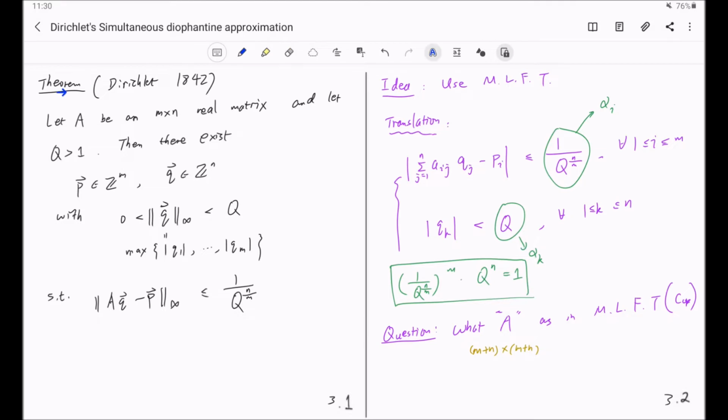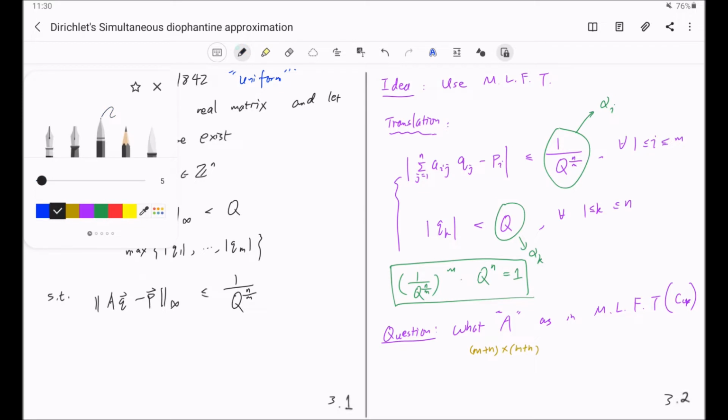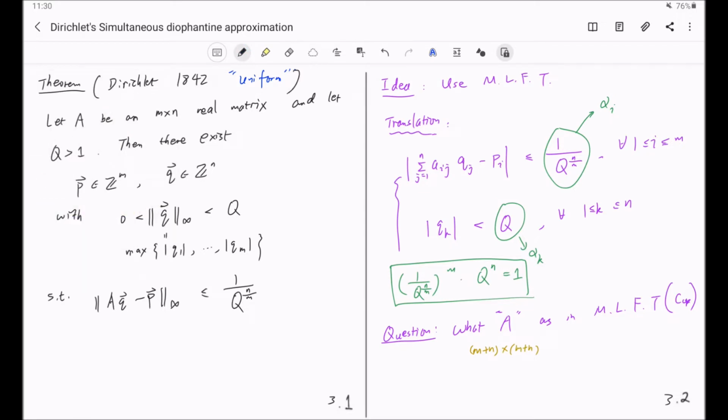We call this theorem of Dirichlet the uniform version of Diophantine approximation, because there's a uniform constant Q in here, bounding your approximation error.